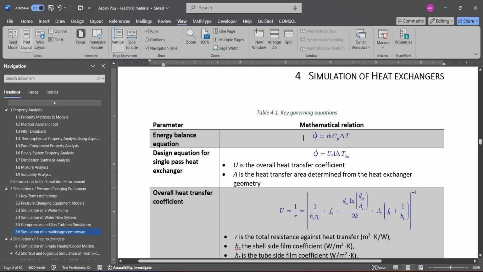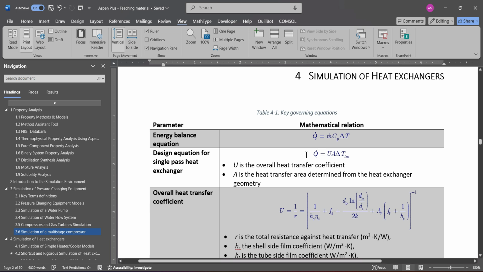One is related to the simple energy balance by MCP delta T, and the other one is relatively bigger framework that relates the design of heat exchanger, or at least when the area or the heat transfer coefficient is available, then we can determine the heat duty.